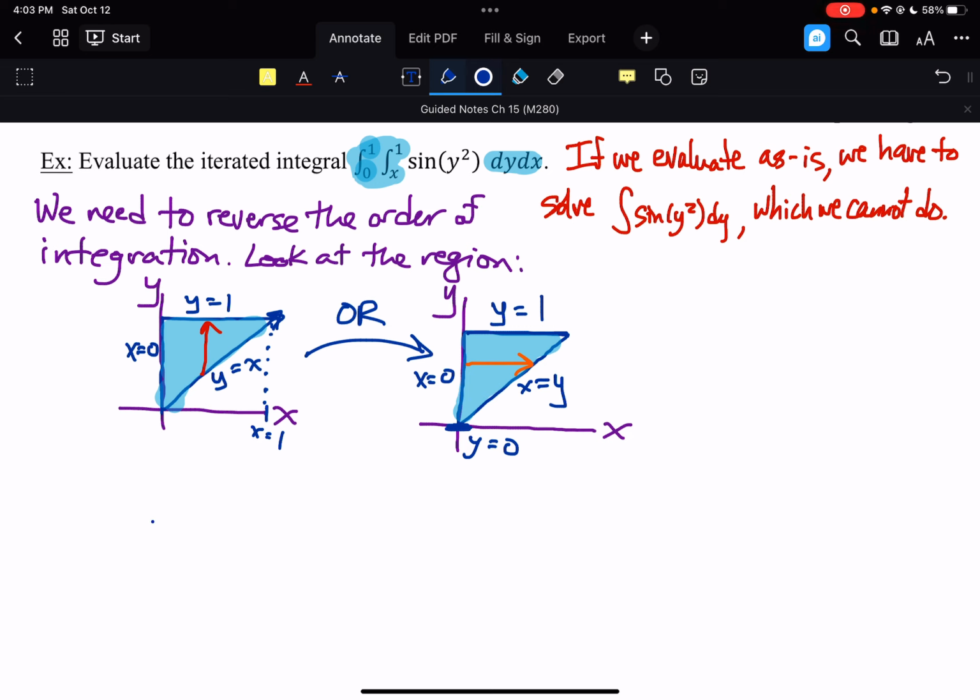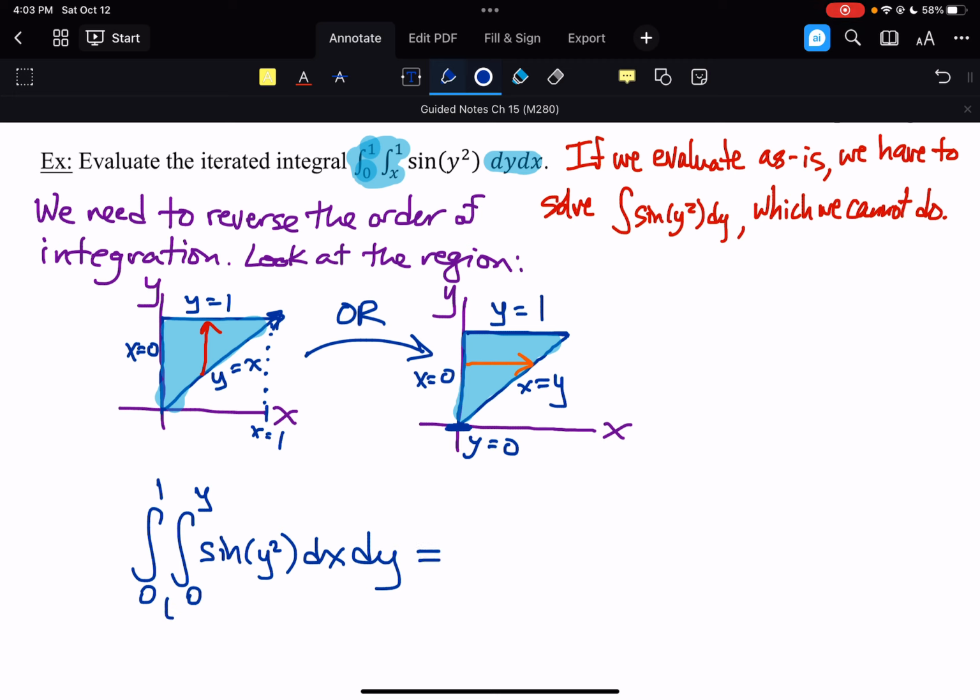So if we rewrite the double integral as dx dy, x is going from 0 to y, and y is going from 0 to 1.